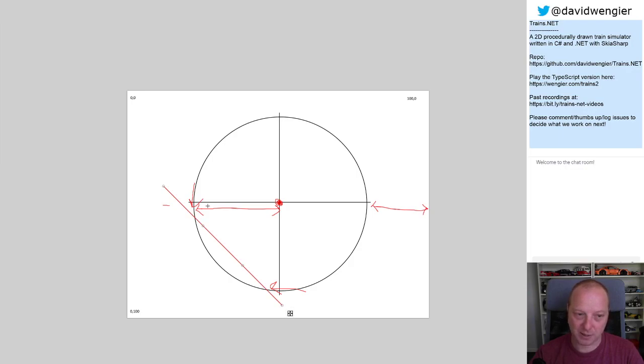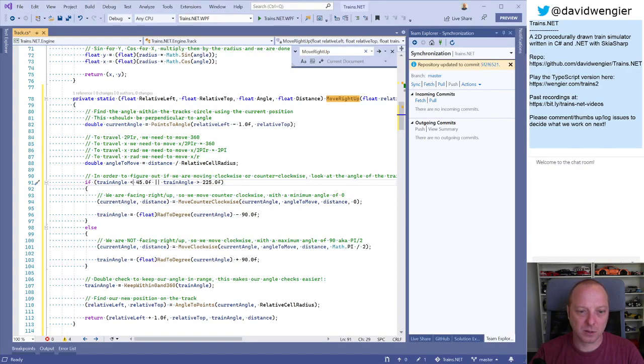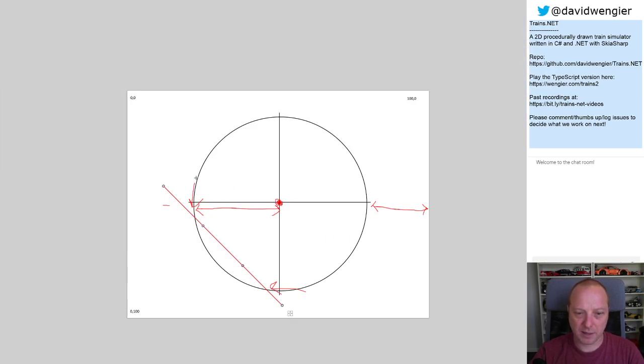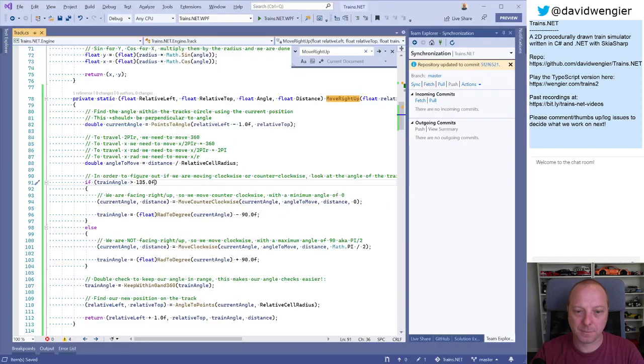We want to continue to move counterclockwise. Now, we don't know if it's exactly 180 though. So I'm just going to say if it's greater than 135. I think that's right. And if we're coming vertically, we're coming down here, that's 90, we're going to 0. I'm pretty sure that's right.